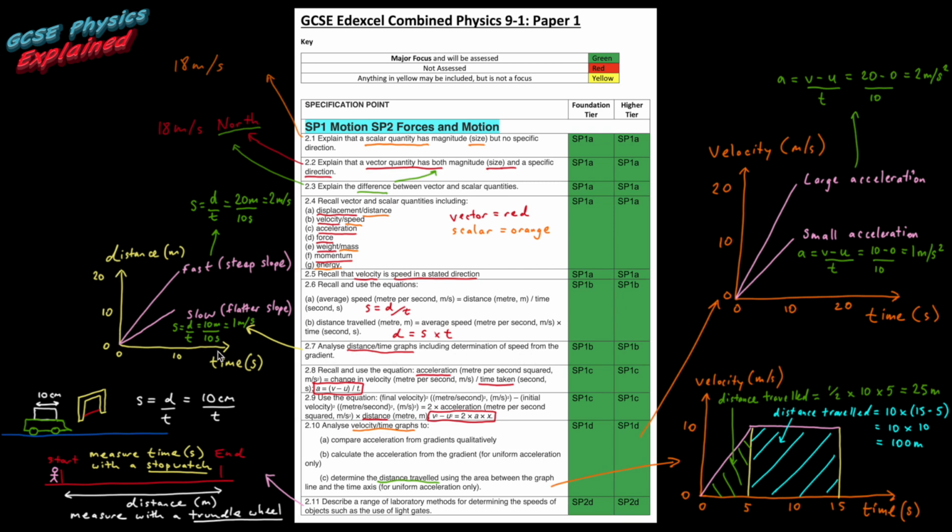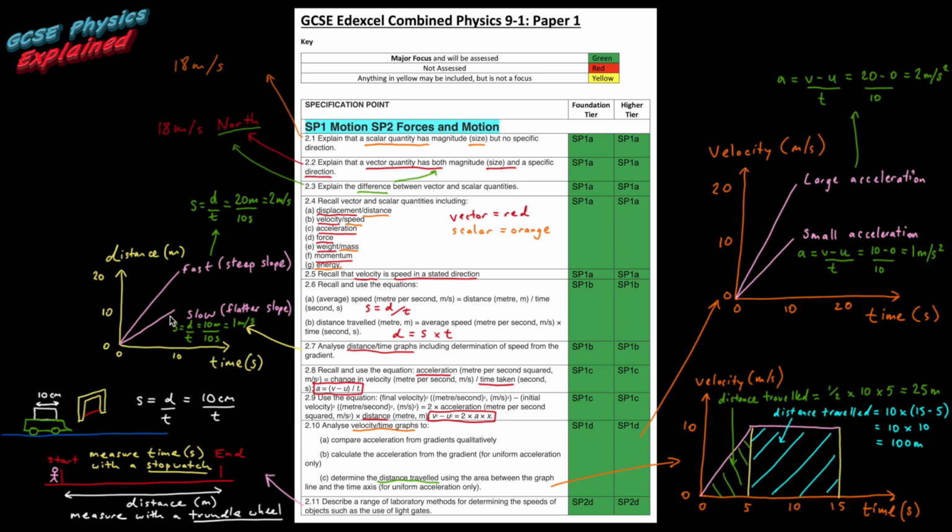So distance time graph. Distance goes up the side, time goes along the bottom. The steeper the gradient is, it means that the object is moving faster, and if it's a flatter slope, it means the object is slower.